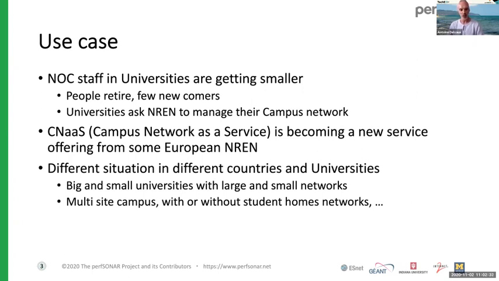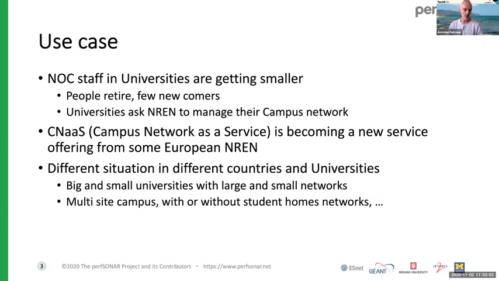We are using what we call CNaaS, or Campus Network as a Service. And this new service is starting to be offered by a few NRENs in the GÉANT area, but in very different contexts sometimes, because the universities connected to those national networks are very different and have some very different requirements.